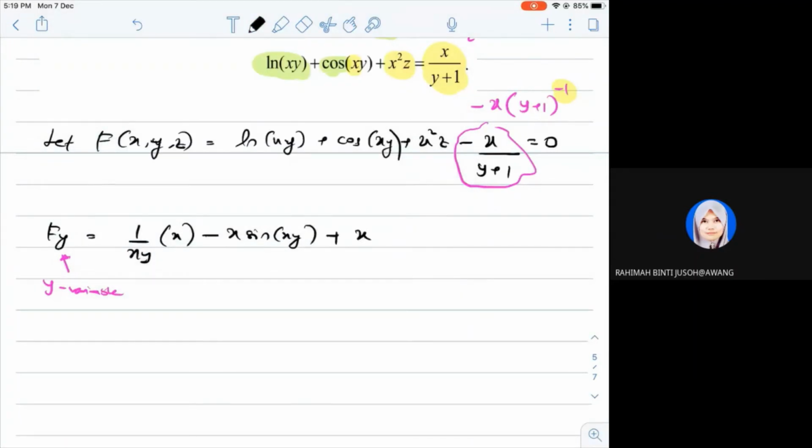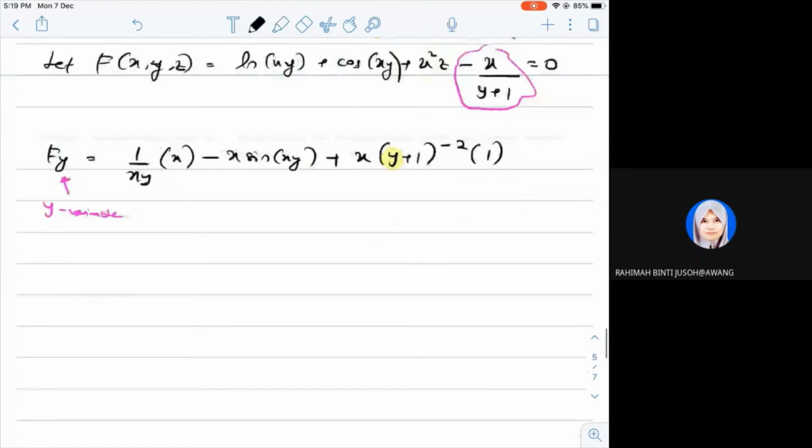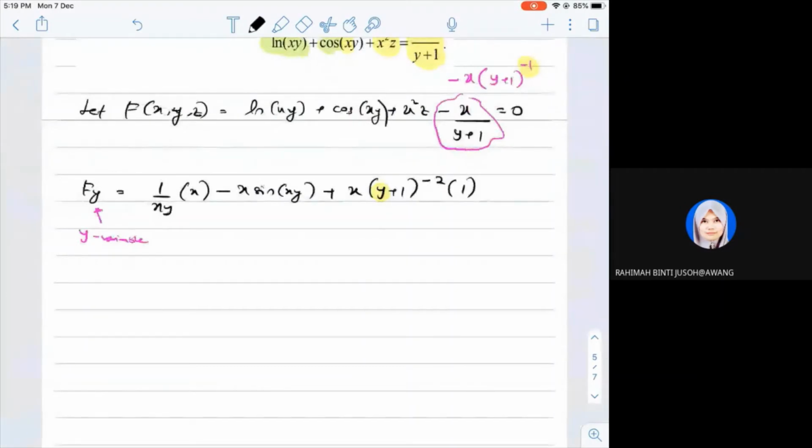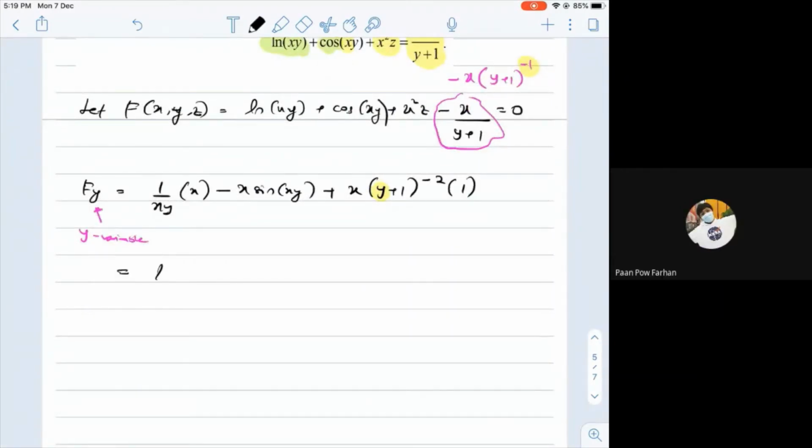Okay, so x constant just maintain. And then y plus 1, negative 1 minus 1, so becomes negative 2. And then you darabkan dengan differentiate y ni, you dapat apa? 1. Okay, so we can rewrite fy as 1 over y minus x sin xy. And then plus, okay, negative 2 can be taken down here, so we get plus x over y plus 1 squared, like this. This is your fy.